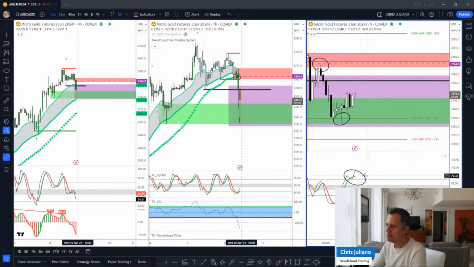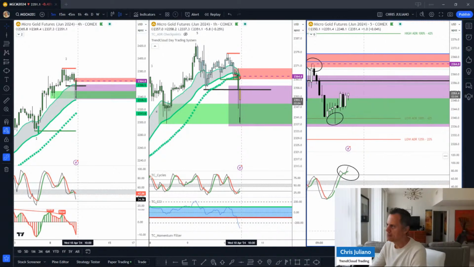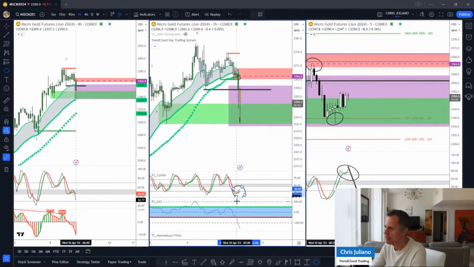And you can see that pattern forming, right? So what do we want to see again? We want to see a new cycle form, right? We want to see that cycle come down and form the same pattern that we're seeing right here. We want to see it down here. When we get that, we're going to have it on this time frame as well. Now we're going to be able to rejoin that right there.